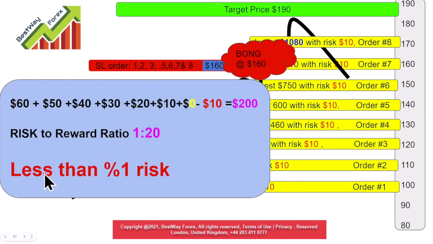1 to 20, and we had 1,800. If the price had gone up, we would have gained even more. No matter how much you invest, if you follow this strategy, you will always lose less than 1% of your investment.